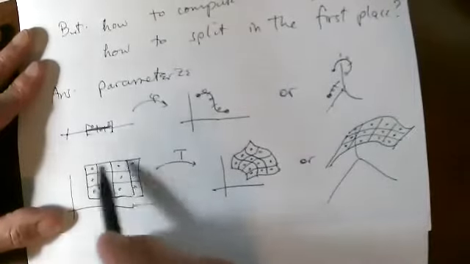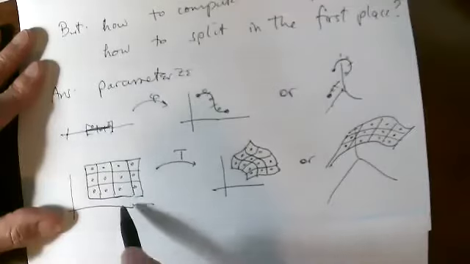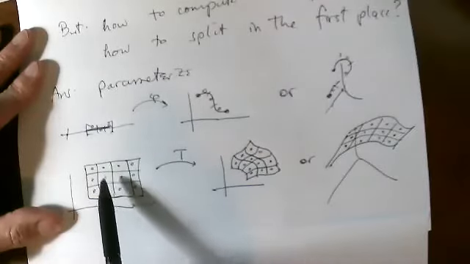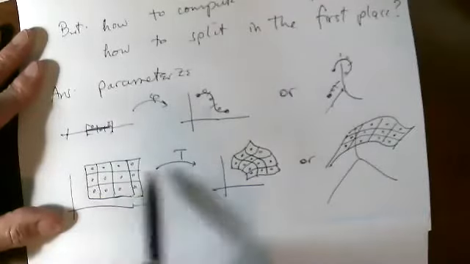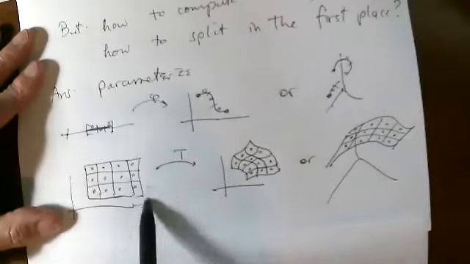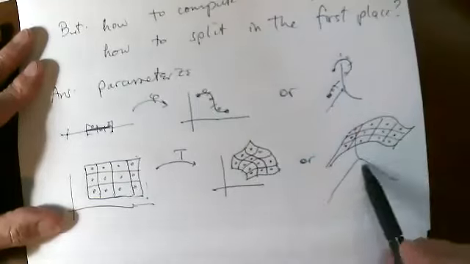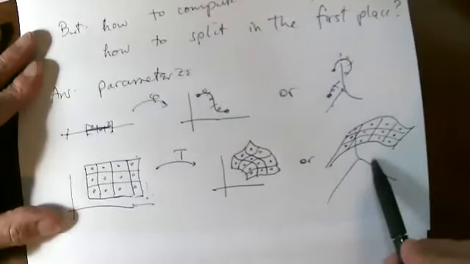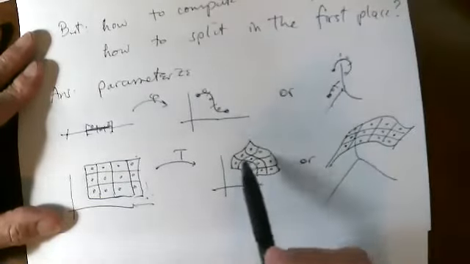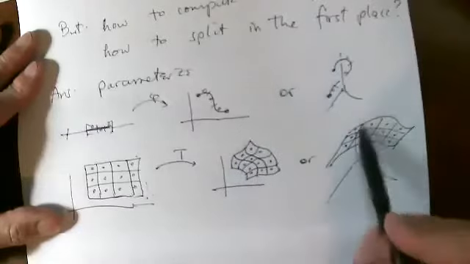Any set that's reasonably easy to work with, if you find a parameterization that carries a reasonably nice set here onto exactly the patch of space that you have to integrate over, well, then it's easy to partition that set.